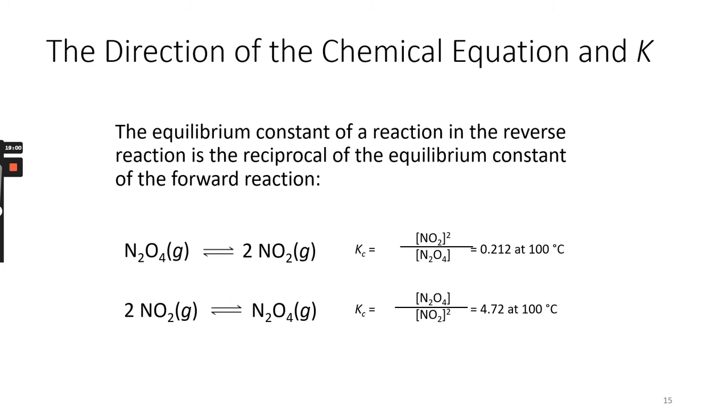Notice how these Kc's are related. So K of the reverse reaction will equal 1 over K of the forward. And if you do 1 over 2.212, you're going to get 4.72.